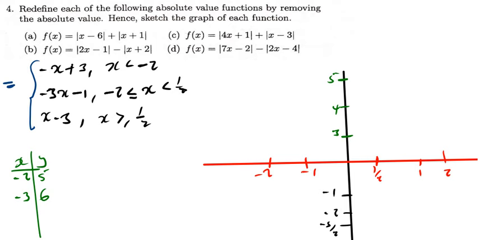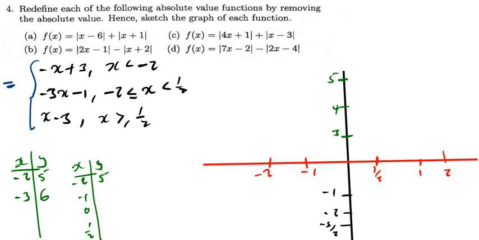So that's where I made a mistake, where I was saying it was negative 3 comma 0. No. Now for the other one in between, if I put the numbers negative 2, negative 1, 0, half: if I put negative 2 here, it's going to be 6, and 6 minus 1 is 5.